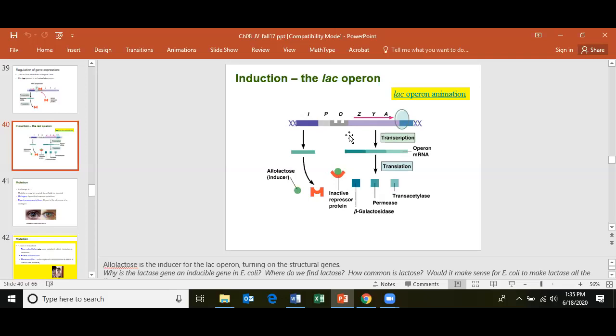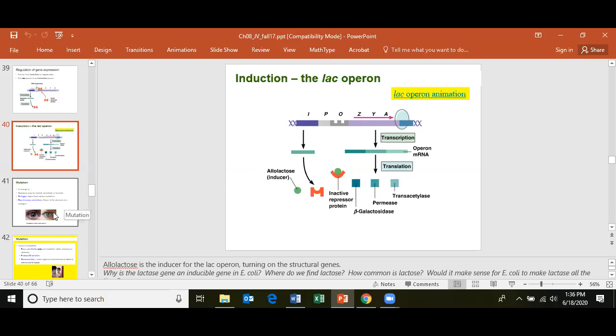Just different traits in the same species of bacteria could be caused by operons being turned on or off? Yes, different traits in bacteria can be caused by operons. Like in the case of the enzyme lactase, it is not made unless the sugar lactose is around. Okay? So different traits can be turned on depending on the environment that the bacteria is in. All right.